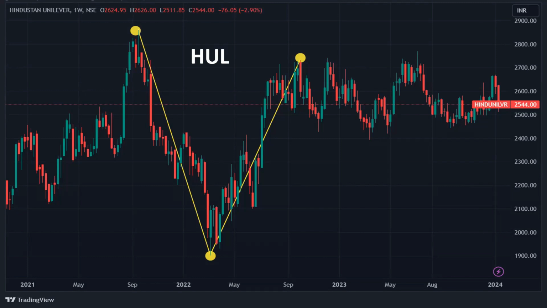That was the expectation, all the way from 2,800 to 1,900. It was corrected. Such a huge FMCG company, a large cap company, the number one company in FMCG, was available at 1,900. It corrected all the way to almost 1,000 rupees. Who is stopping us? Such companies are available.